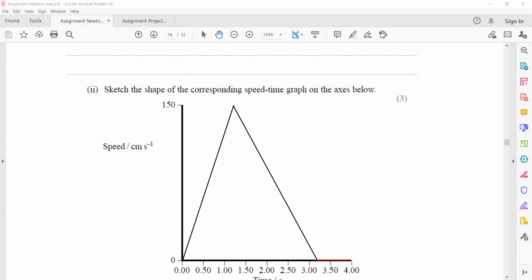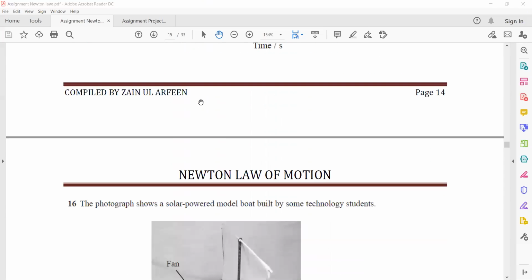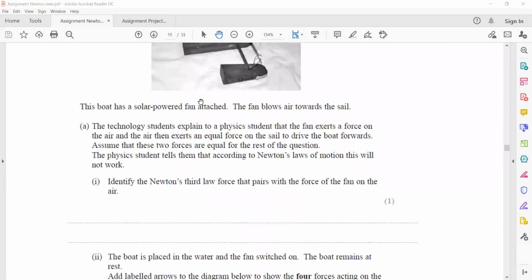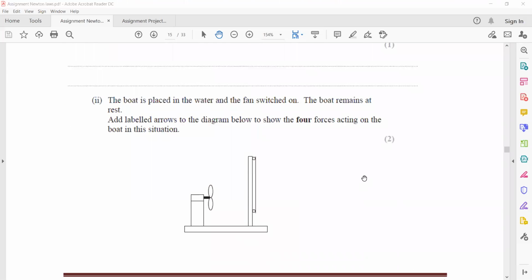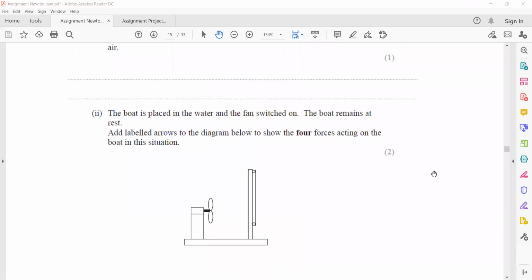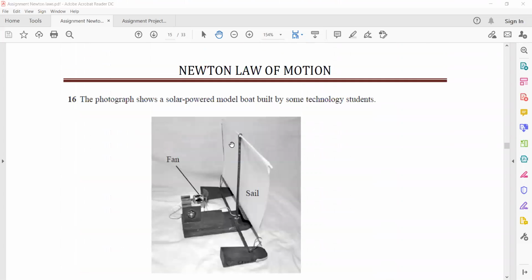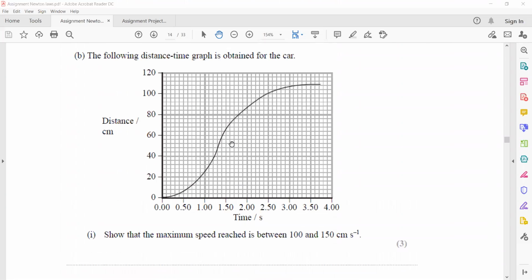Then the next question is page 15, 16A2. In both cases, they did not mention the rate.